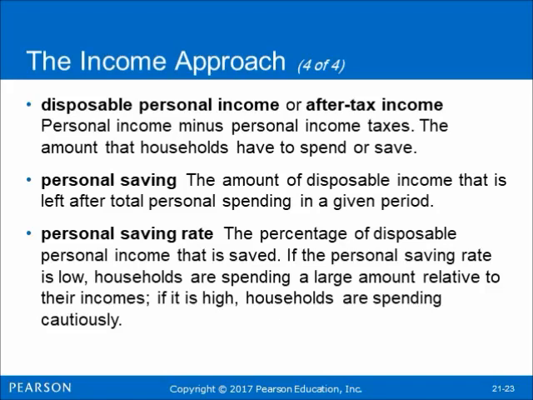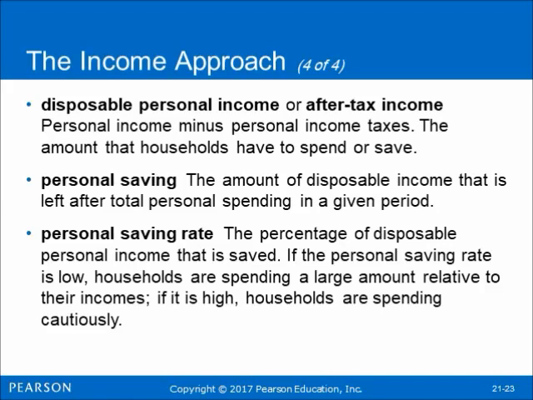Here, several aspects of measuring a country's total output are covered. First, we describe what is meant by gross domestic product, or for short GDP, and we differentiate between GDP and GNP, or gross national product.